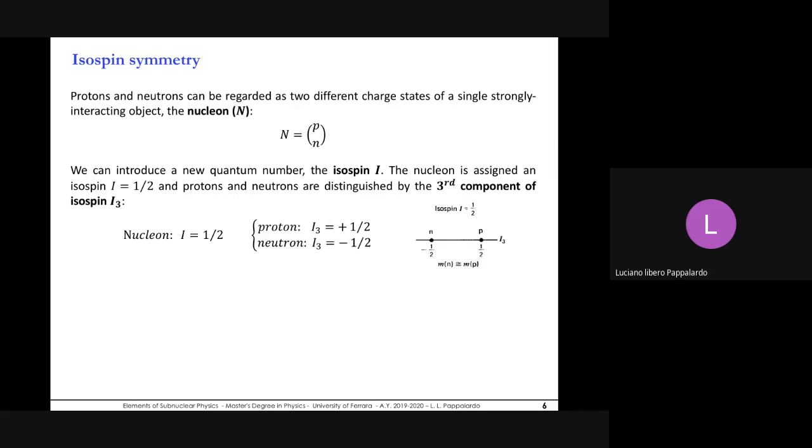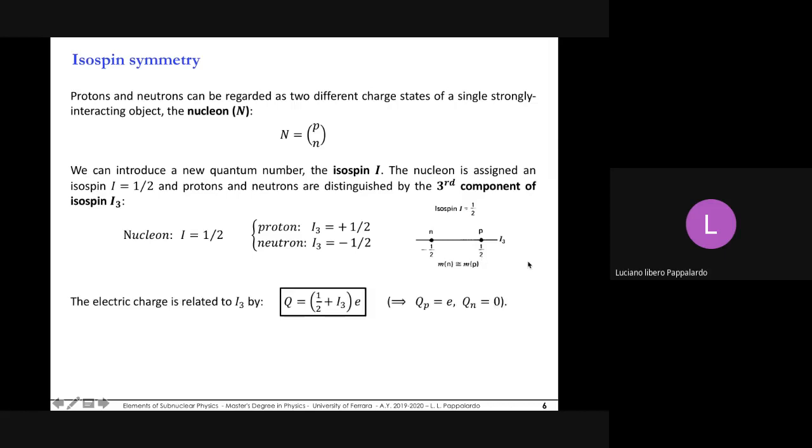We can introduce a new quantum number, the isospin I, such that the nucleon is assigned an isospin I equal to 1/2, and then the proton and the neutron are distinguished by the third component, I3, of this isospin. By convention, it is plus 1/2 for the proton and minus 1/2 for the neutron. So we can also represent here, in this axis, the third component of isospin: the neutron is minus 1/2, and the proton is plus 1/2.